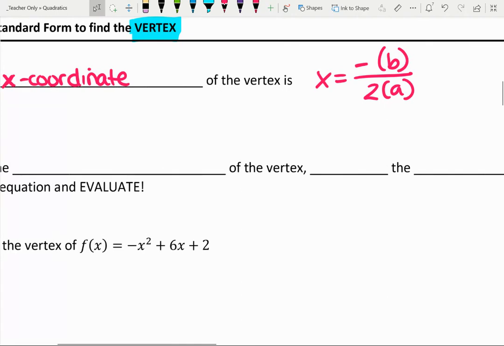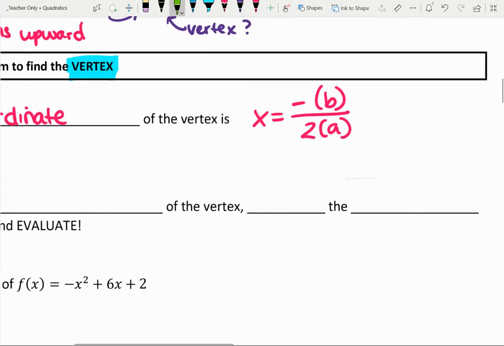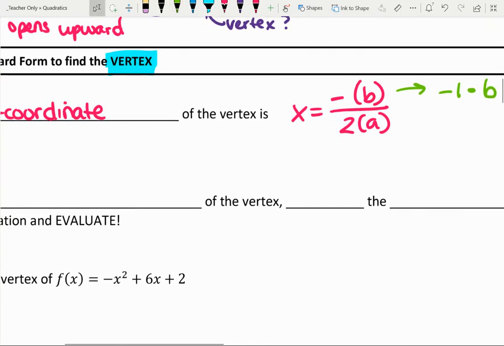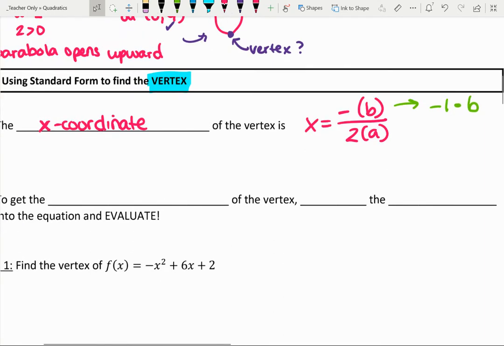That negative b is really like a negative 1 times b. I'm putting a and b in parentheses though, because positives and negatives can trip us up a little bit, so it just might be a good habit to have. So this is a formula we're going to be using to find just the x-coordinate.